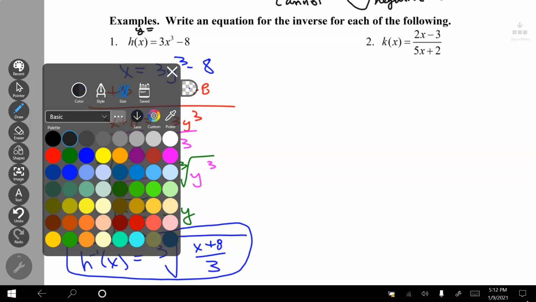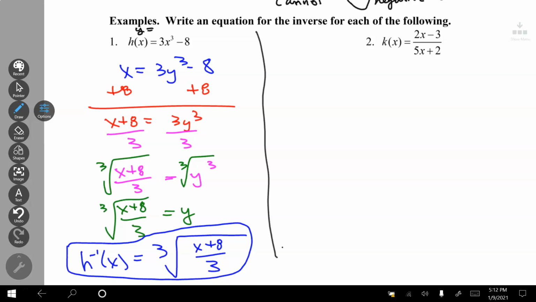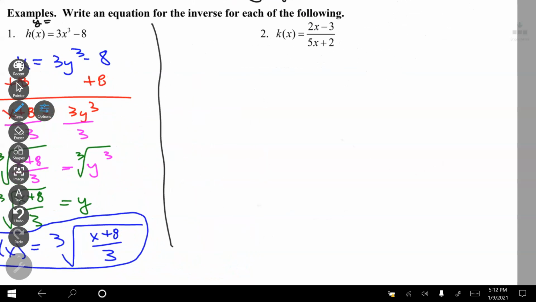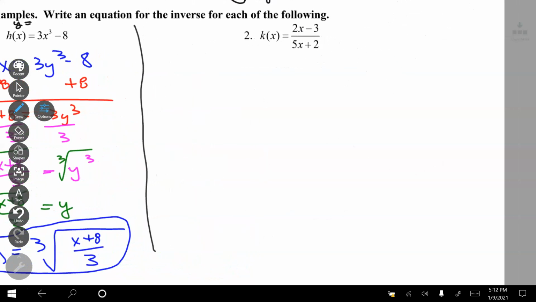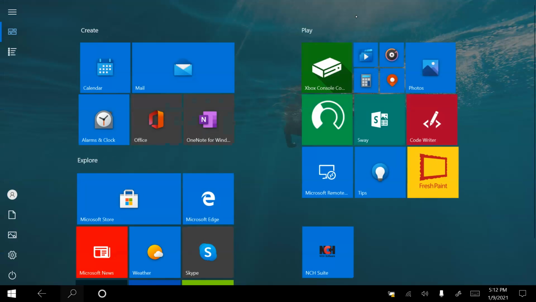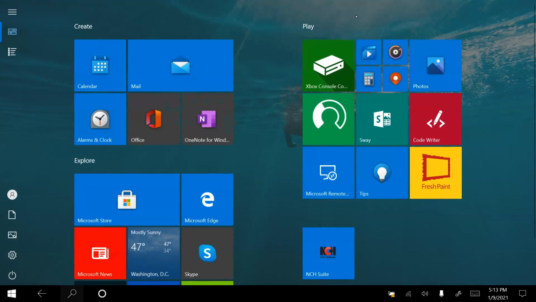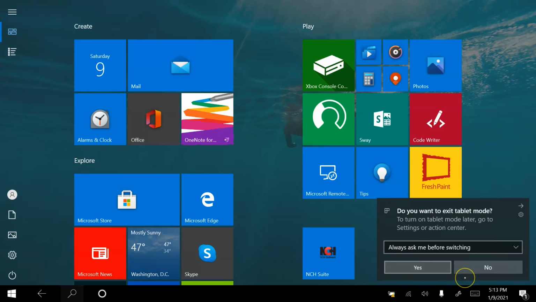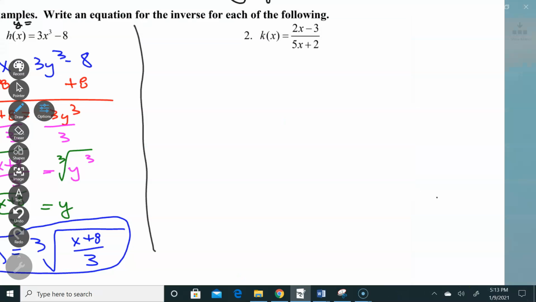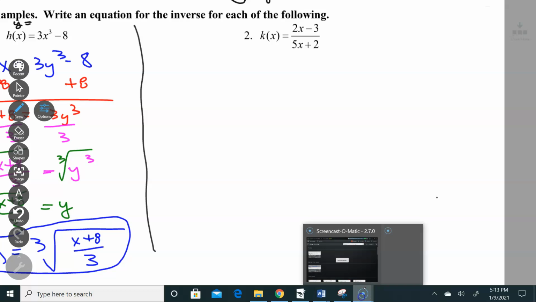Now this next problem is going to be a little bit more difficult. Oops. This is going to be harder, and I lost my screen. I'm going to have to grab it back. Hopefully we can see this now.